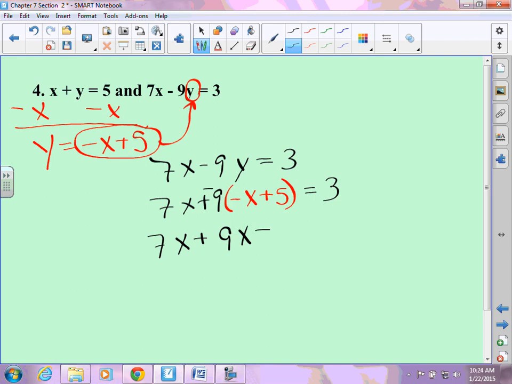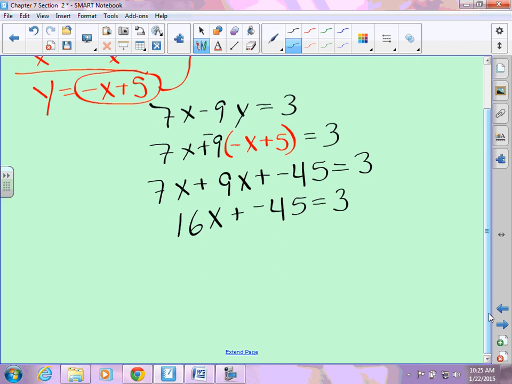So I get 16x plus a negative 45 equals 3. What do I do? I'm going to add 45. So 16x gives me 48. Divide by 16. Very good. X equals 3.